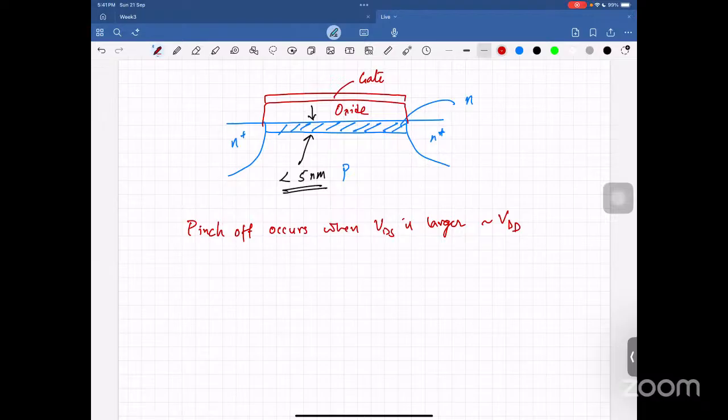To understand this, we need to look at a MOSFET as a series of capacitors. So basically, when your voltage is ground here, and this is VDS. Let's initially assume that this is only 50 millivolts. So, what will be the voltage across the channel?